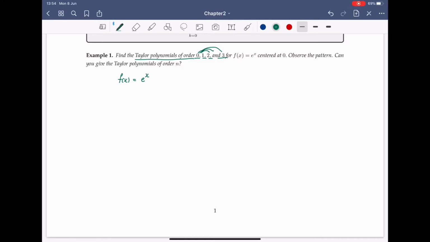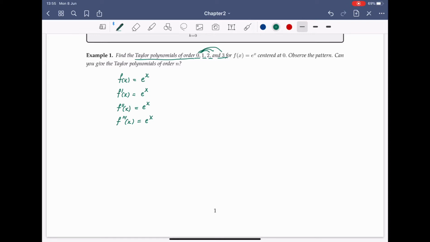So first of all, I am going to differentiate this thing 3 times. The first time I get e to the x, right? The second time I still get e to the x. And the third time I still get e to the x, because the derivative of e to the x is always the same.